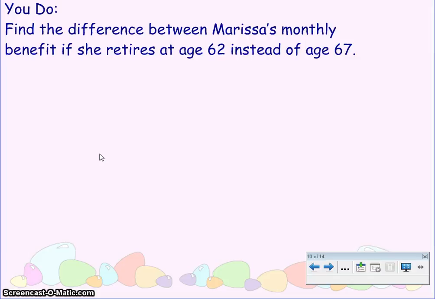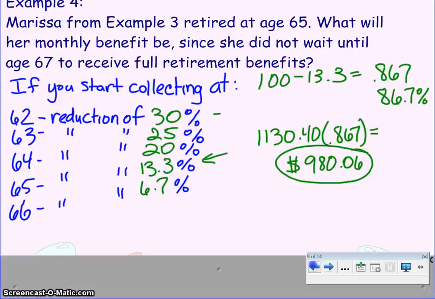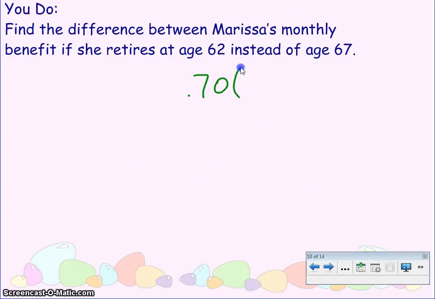Okay, it says find the difference between Marissa's monthly benefit if she retires at 62 instead of 67. Well, at 62, it would only be 70% because we know that it was 30%. If we go back here, if she retires at 62, she gets a 30% reduction, which means she's only getting 70% of the $1130.40, which is a total of $791.28.